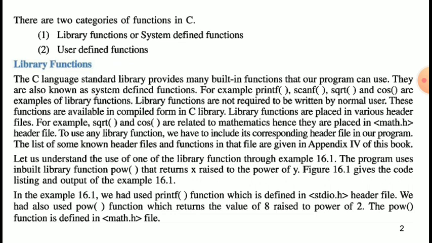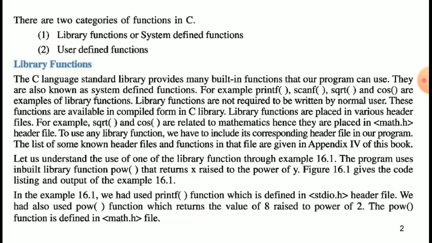Library functions are not required to be written by the normal user. These functions are available in compiled form in the C library. Library functions are placed in various header files. For example, sqrt and cos are related to mathematical operations.